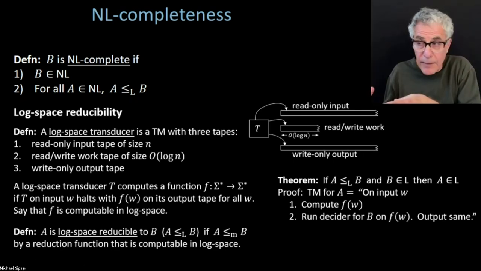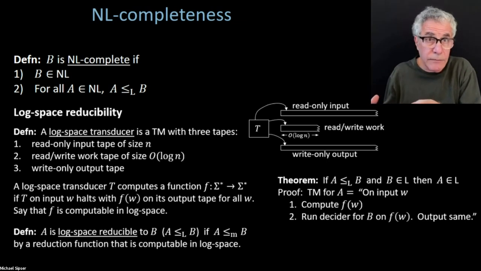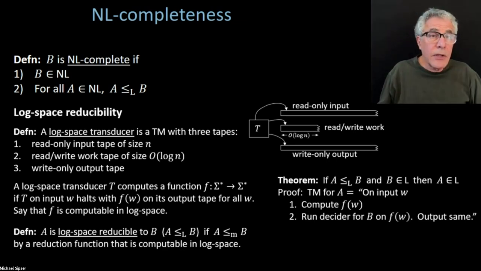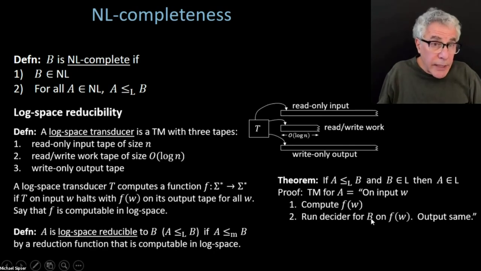You map it over to a B problem using the reduction function, and then you solve it using the decider for B, and you give the same answer.